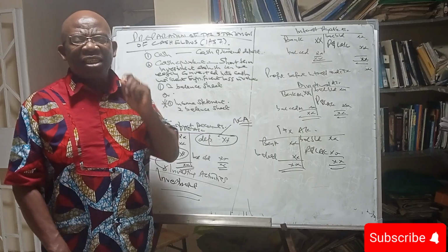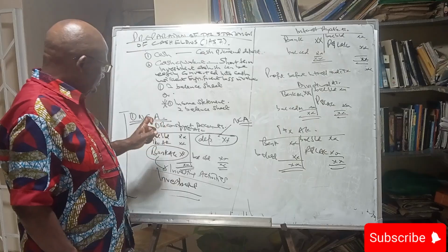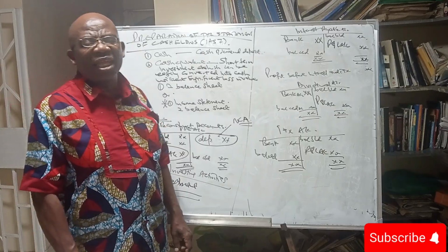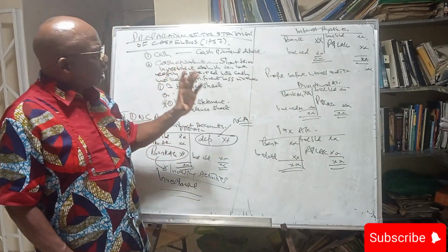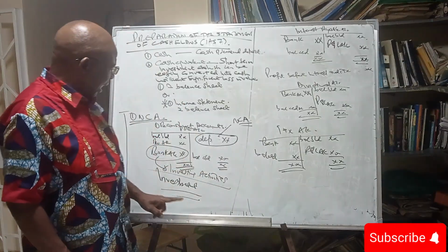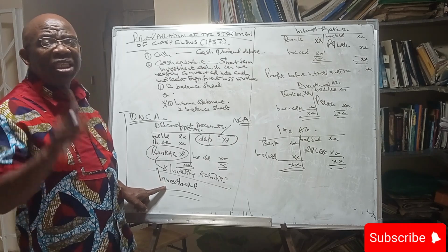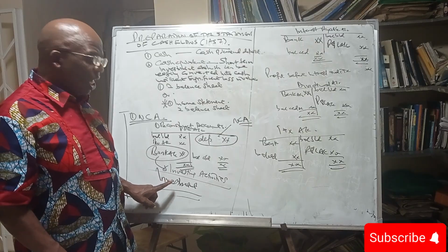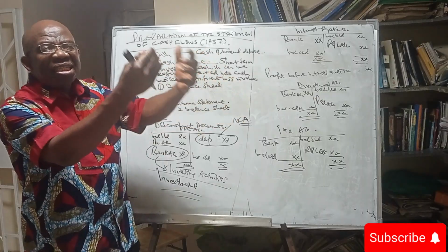Because we always say the investing activity in the statement of cash flows deals only with non-current assets, be they PPE, fixed tangible ones, or intangible. Never forget that. Even if it is an intangible asset, but it's a non-current asset, it's an investing activity. And once we invest, we expect interest income.